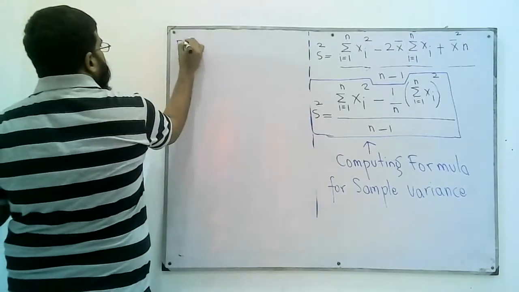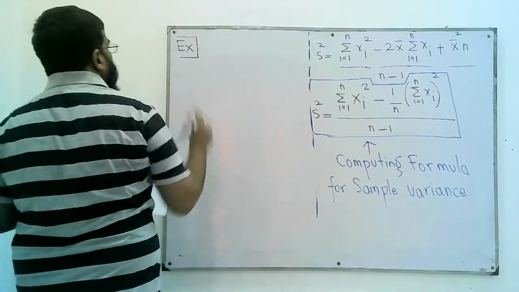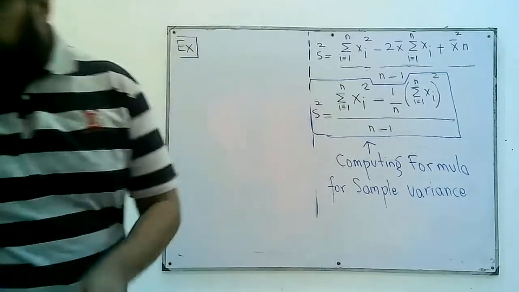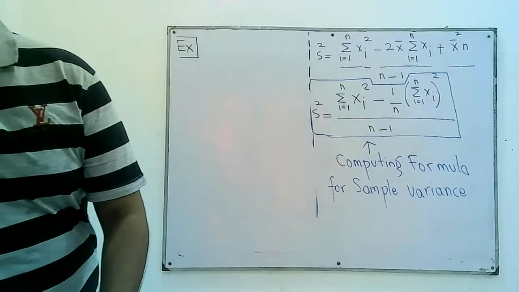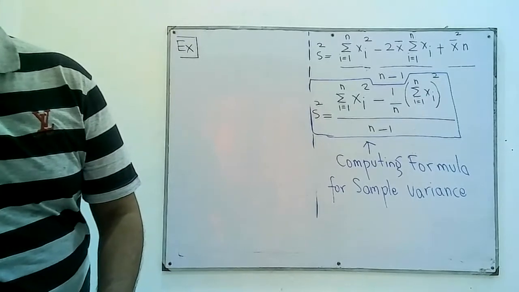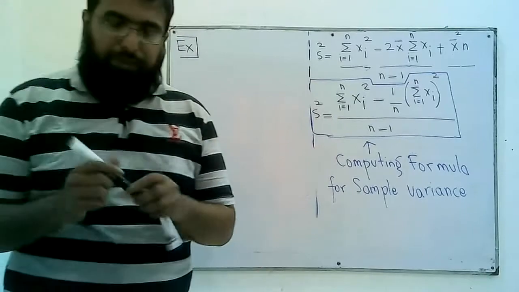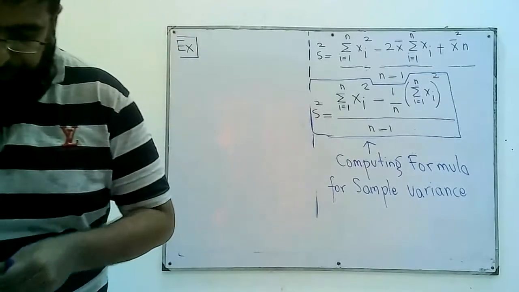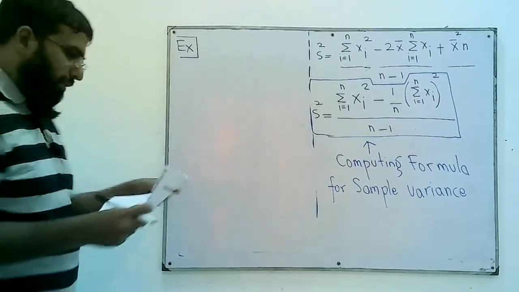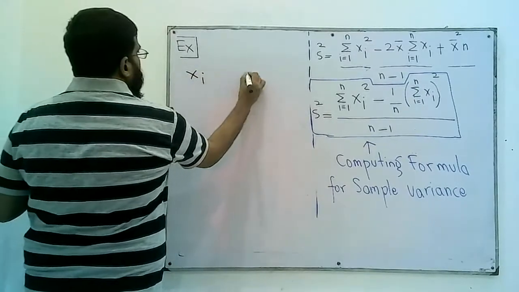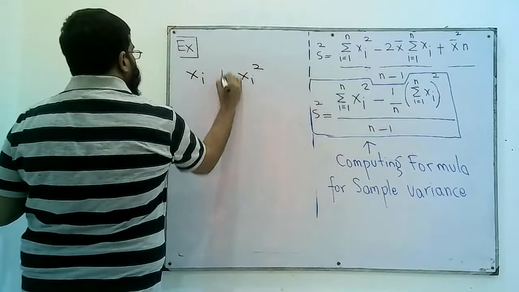Let's verify it. Here I'm going to solve an example, and the example is the same that we worked with when we were working with the basic formula that involves computing the mean first. So we have xi and xi squared.